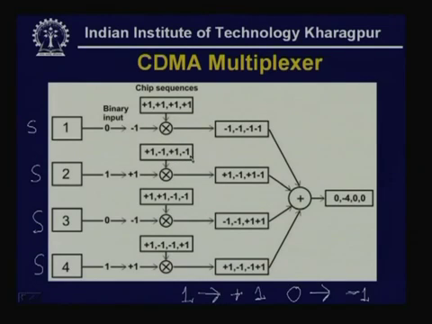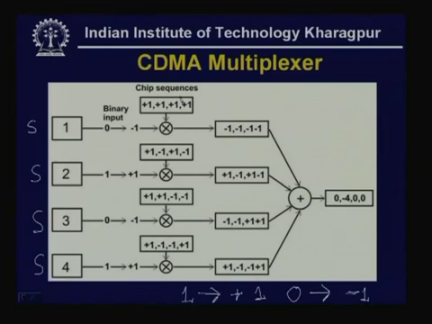It is different from the chip sequence of channel 1, and for channel 3 the chip sequence is +1, +1, -1, -1. Again it is different from station 2 and station 1. Then finally you have the chip sequence for station 4, which is +1, -1, -1, +1. As you can see, all these four chip sequences are unique.